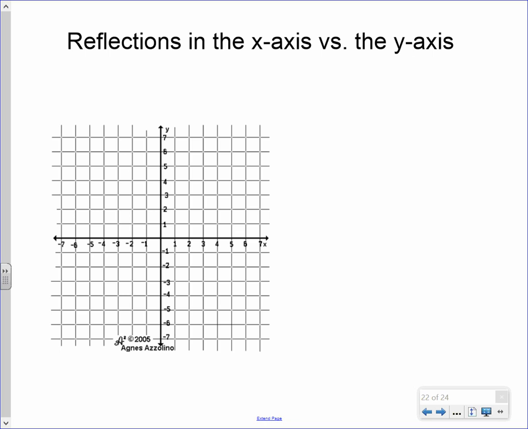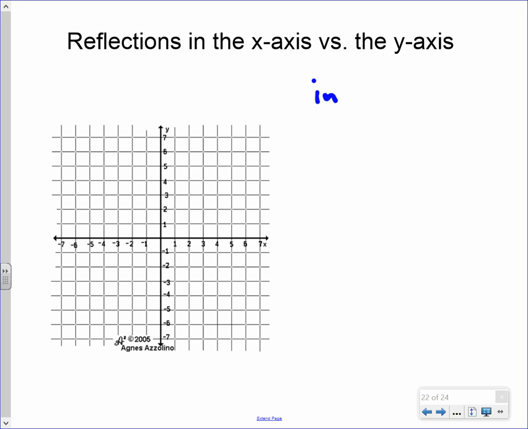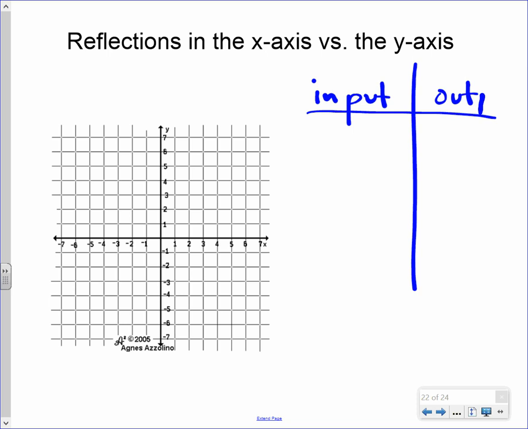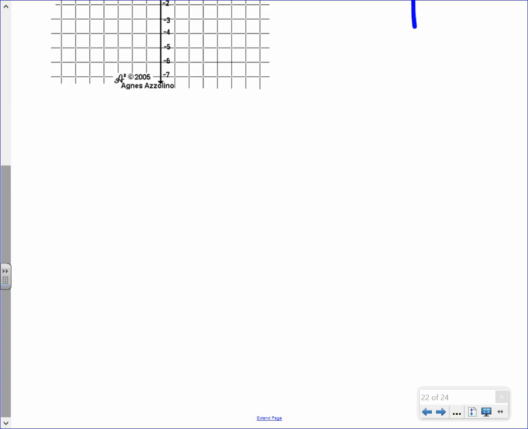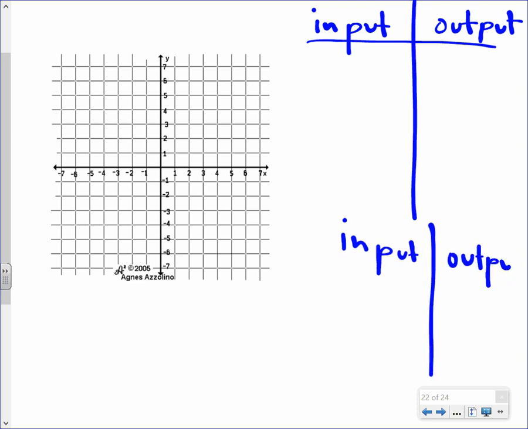And then next to that, go ahead and make an input-output table. But we're going to make 3 of them. They don't have to be big. Just make one input-output table, another one underneath it, just make it like this big.